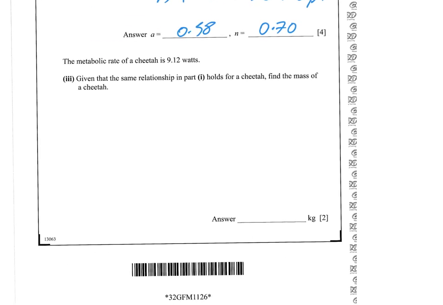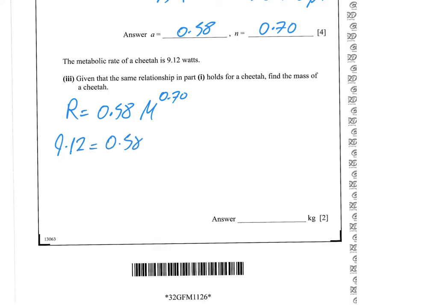Okay, last bit of this question says, given the metabolic rate of a cheetah is 9.12, given that the same relationship in part A holds for the cheetah, find the mass of the cheetah. So remember your formula now is r is equal to 0.58, what we've just worked out, times m to the power of 0.70, and we know that r is 9.12.